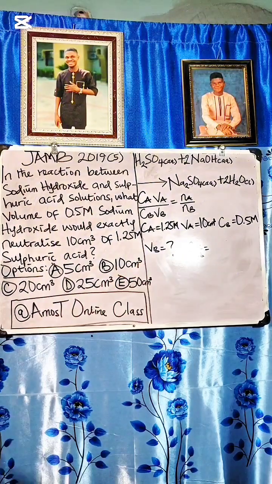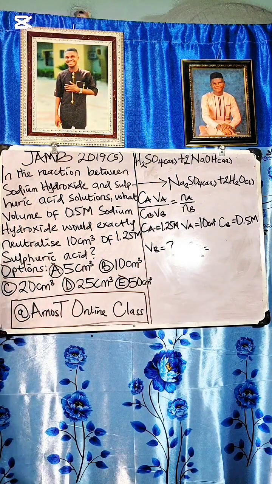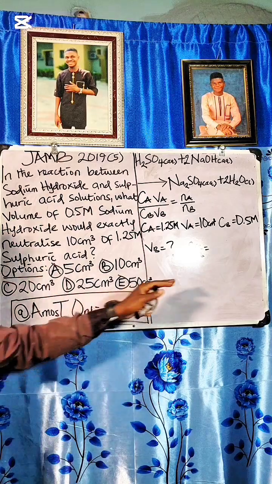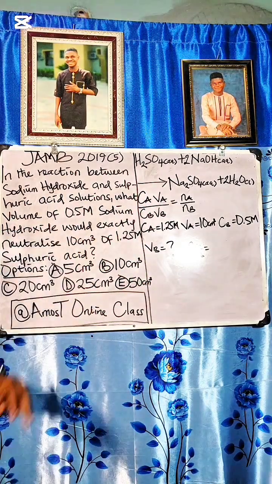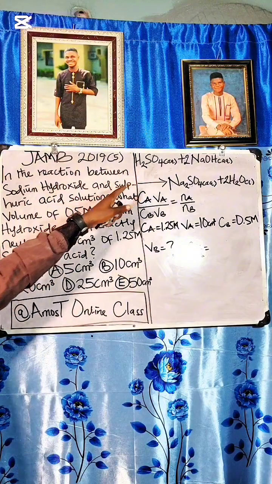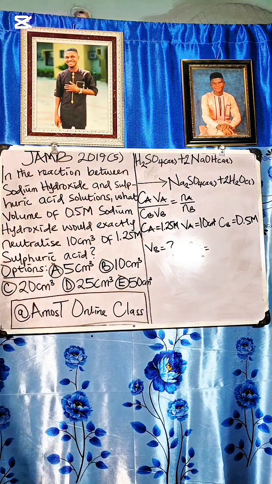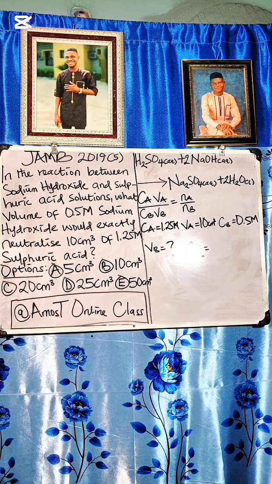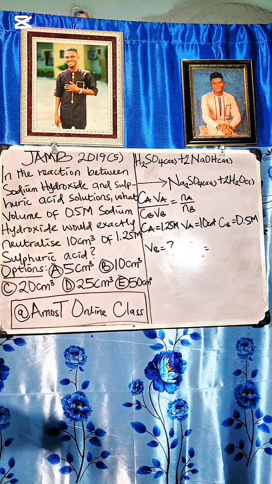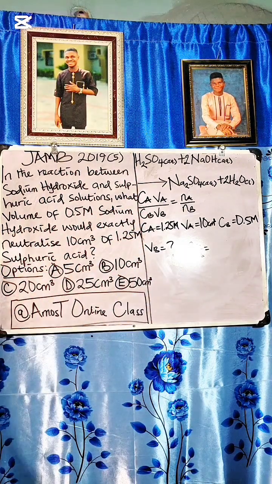Now NA over NB is the ratio of acid to base, that is the mole ratio of acid to base, and this can be gotten from the balanced chemical equation. From this chemical equation, we can say that 1 mole of sulfuric acid will react with 2 moles of sodium hydroxide to yield 1 mole of sodium sulfate and 2 moles of water.